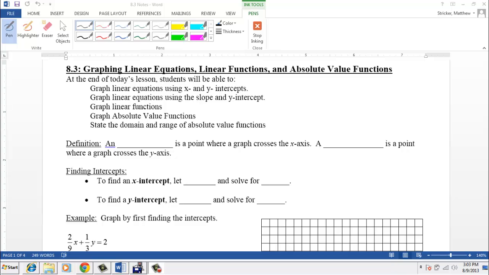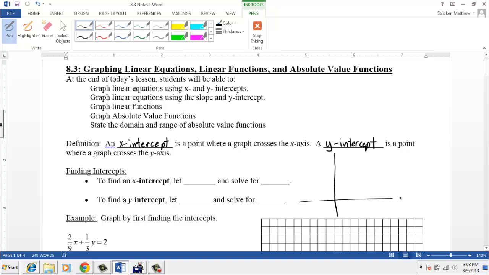The x-intercept is the point where a graph crosses the x-axis, and of course likewise the y-intercept is the point where a graph crosses the y-axis. So let's just real quick go ahead and put a generic graph here.